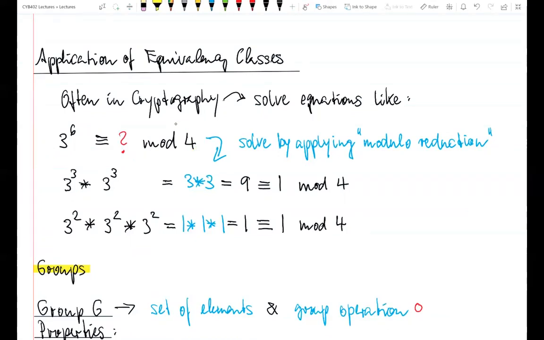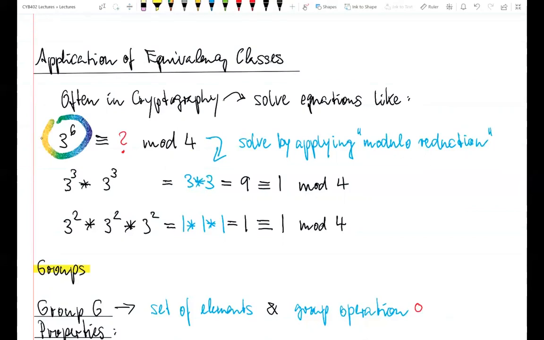So, well, what we can do is apply what we call modulo reduction. So we try to shoot for making those numbers real small. And you can see already that 3 to the 6 is not exactly easy to compute in your head.